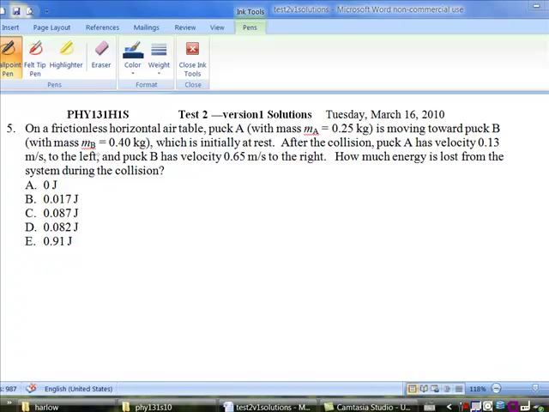Question 5. On a frictionless horizontal air table, puck A with mass m_A equals 0.25 kilograms is moving toward puck B with mass m_B equals 0.4 kilograms, which is initially at rest. Okay, so let's draw them.